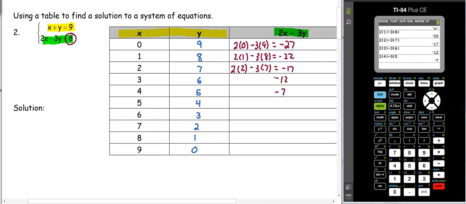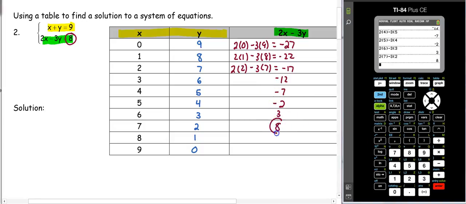So we're getting closer, and then we're going to keep going. 2 times 5 minus 3 times 4 is negative 2. 2 times 6 minus 3 times 3 gets us 3. And then we have 2 times 7 minus 3 times 2. And that gets us 8.